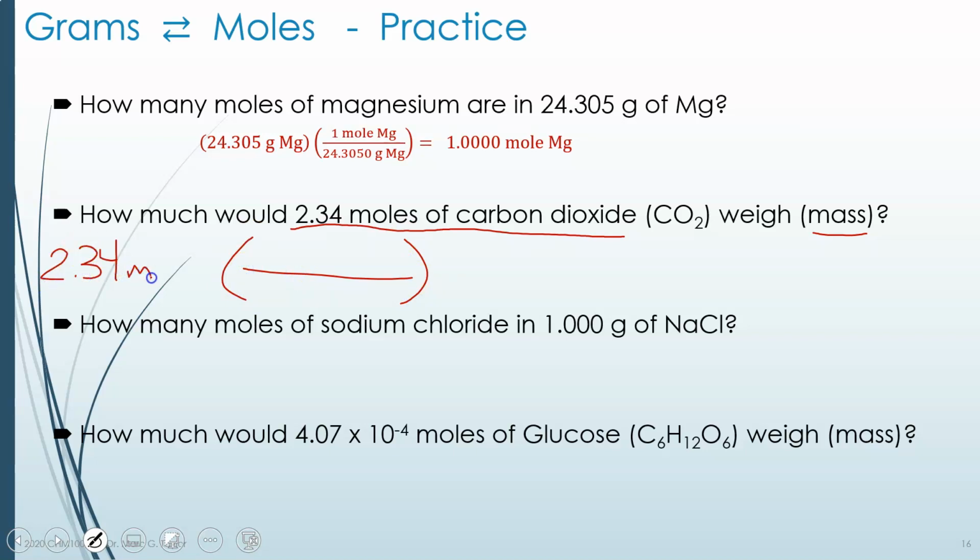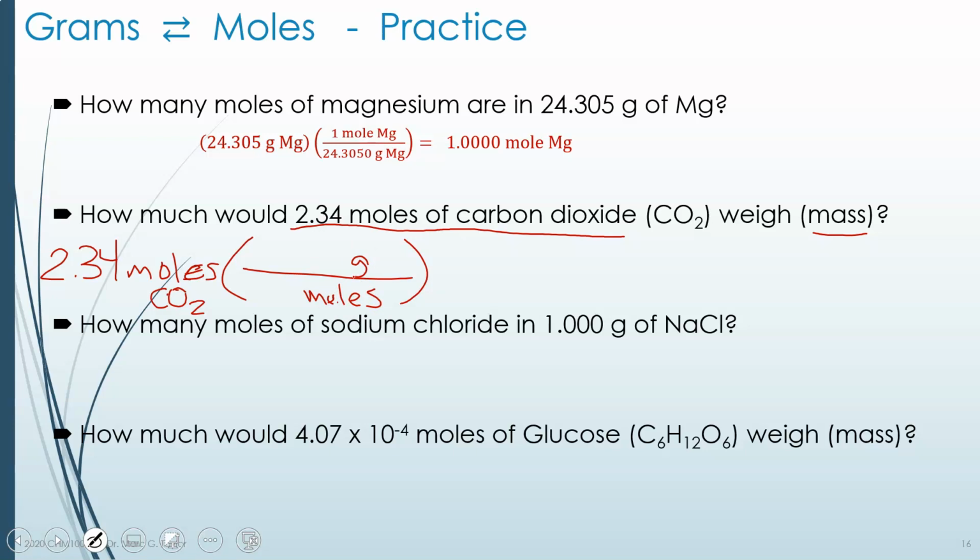If you're doing harder problems with multiple substances, you really want to write carbon dioxide in there, saying moles of carbon dioxide. But for single substances, since we're only dealing with carbon dioxide in this problem, you don't really need to write it. Keep in mind, if you're doing more complex problems, which you'd see in Chem 110, you do need to write it down. So now we know moles will be on the bottom because that's the unit we're destroying, and we're putting grams on the top.